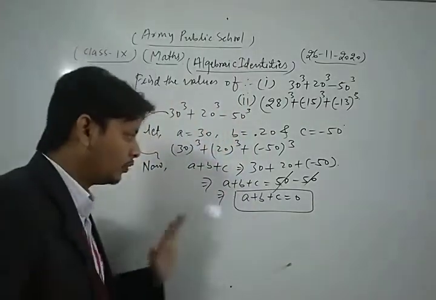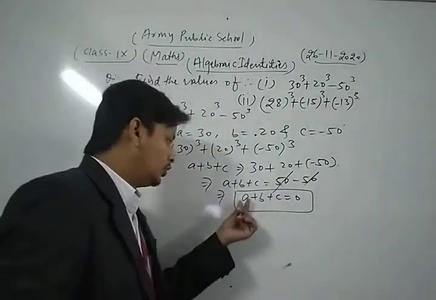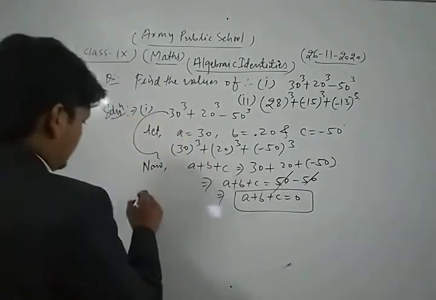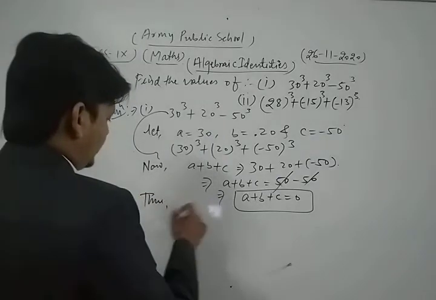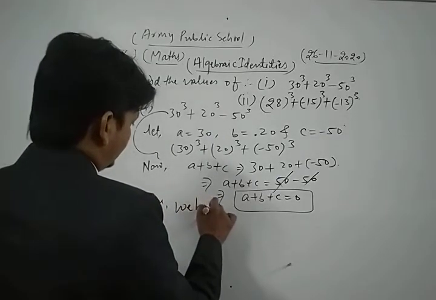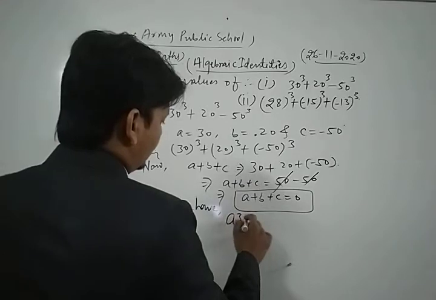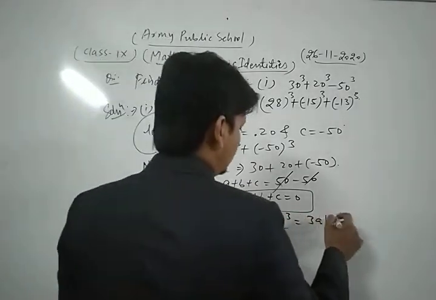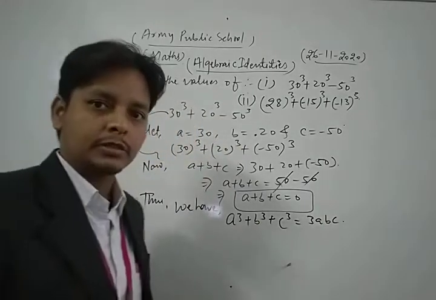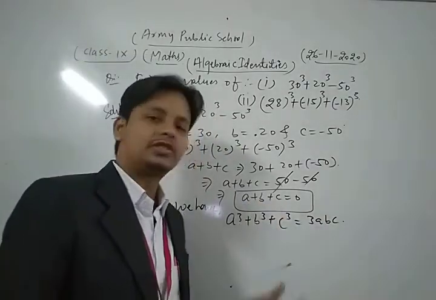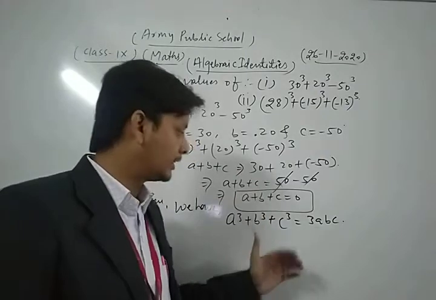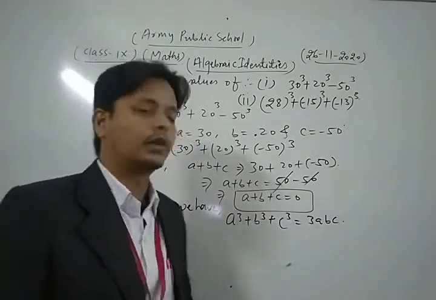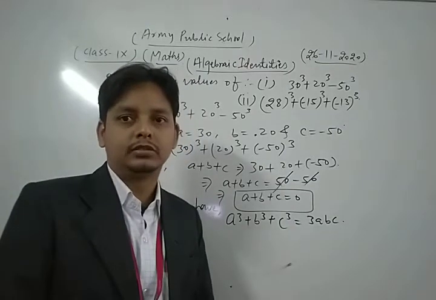Now let's see what we get. You know that if the value of a plus b plus c is equal to 0, then we have the result a cube plus b cube plus c cube is equal to 3abc. Just I discussed that. If a plus b plus c is equal to 0, in that condition the value of a cube plus b cube plus c cube is equal to 3abc.